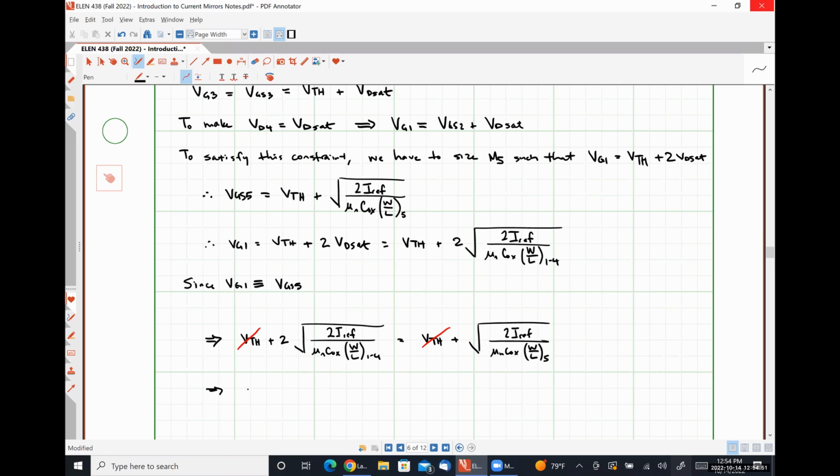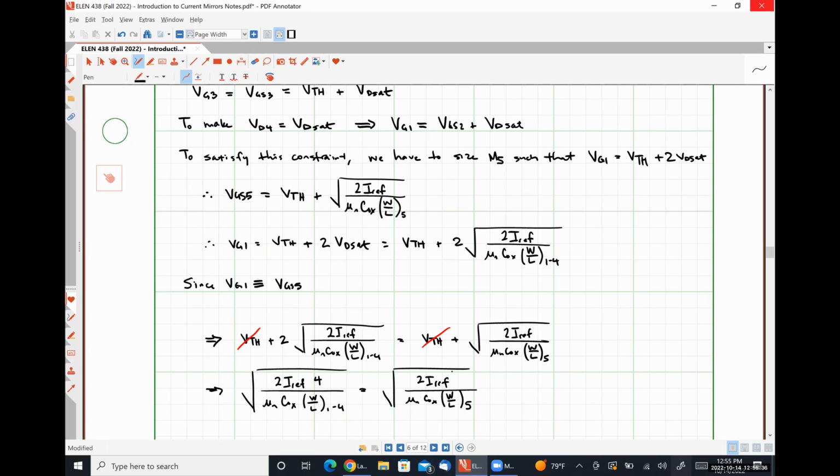So if I move 2 inside, I'm going to have the square root of twice IREF times a factor of 4 over mu n Cox W over L of 1 through 4 needs to be equal to the square root of twice IREF over mu n Cox W over L of transistor M5.